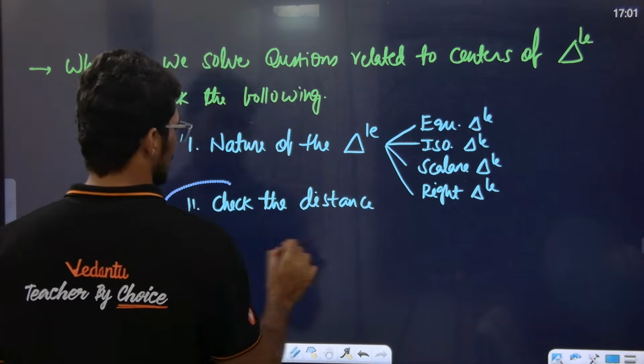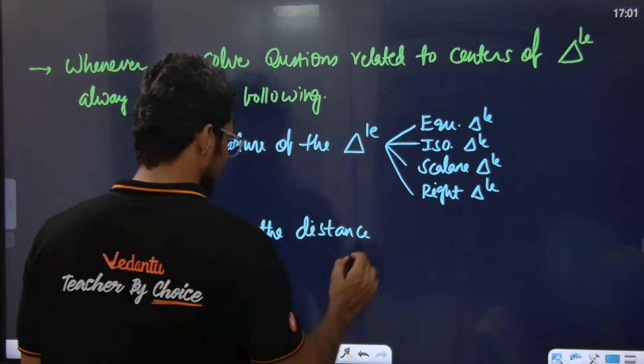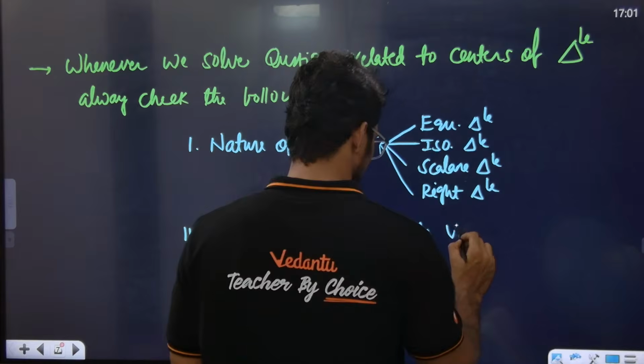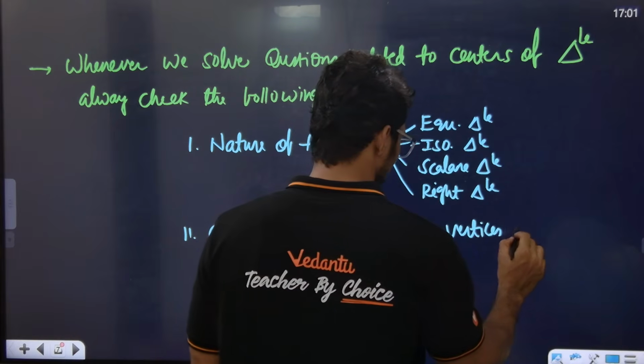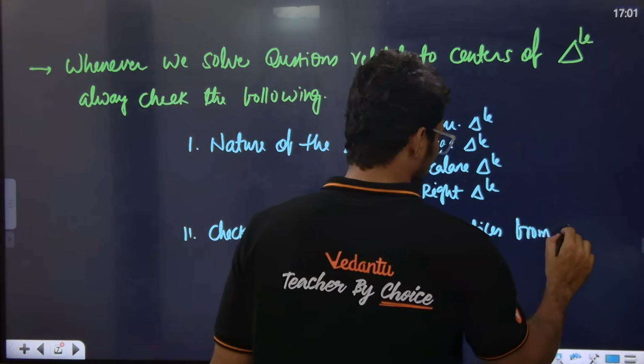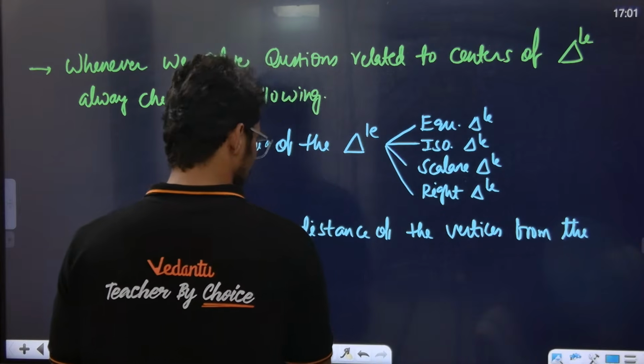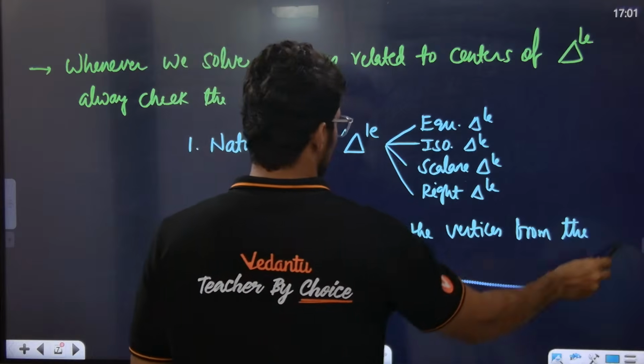Check the distance. Second point, check the distance of the vertices from the origin. Very important point, listen to the class.